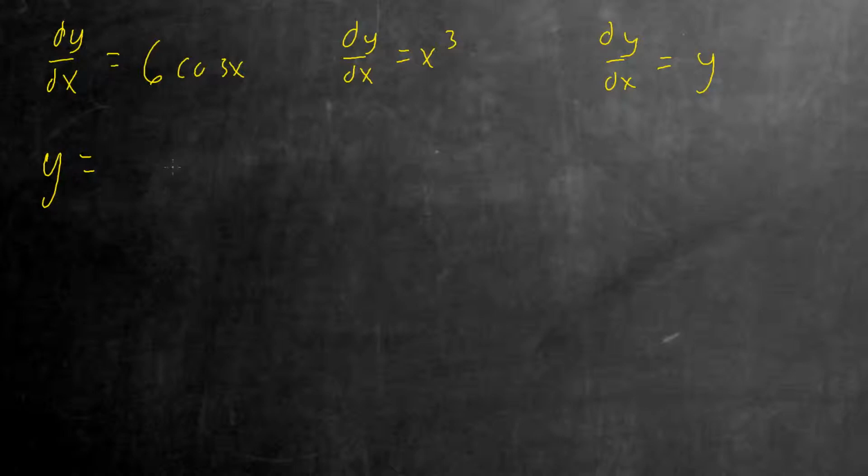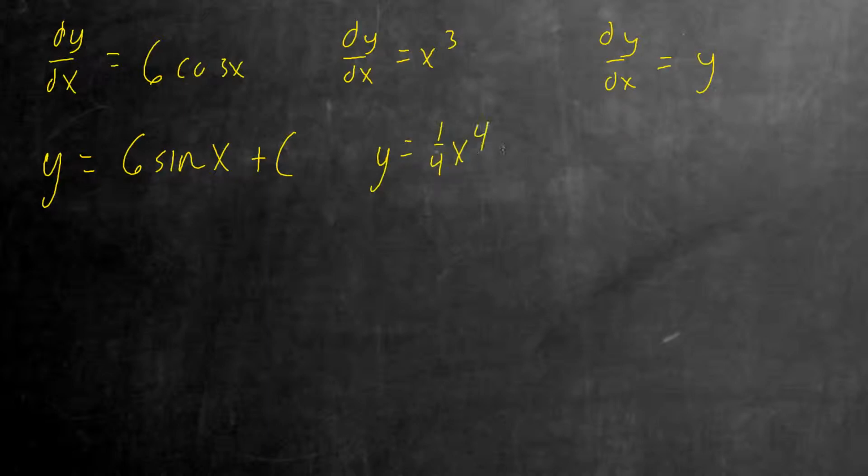What function gives me a derivative of cosine? That would be sine, and then plus c. What function gave me a derivative of x cubed? You bet. No problem there. Now, what function gave me a derivative of y?